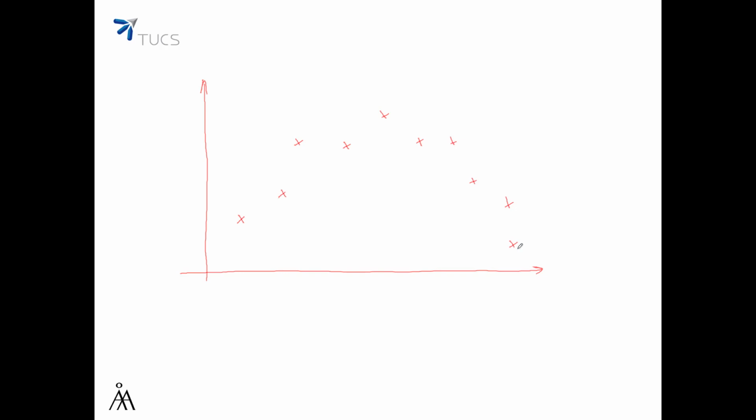So we have 10 data points, and if we were to get a perfect fit, we would have to choose a polynomial of degree 9 that may suggest a behavior something like this.